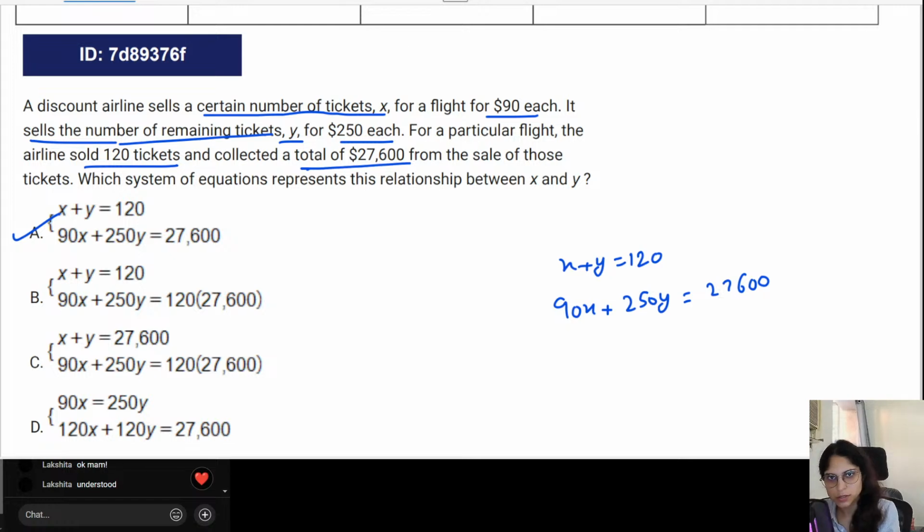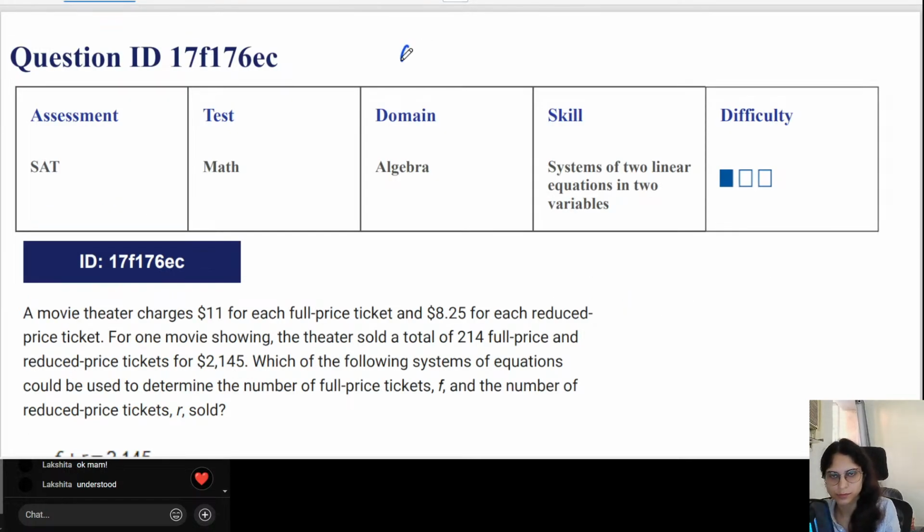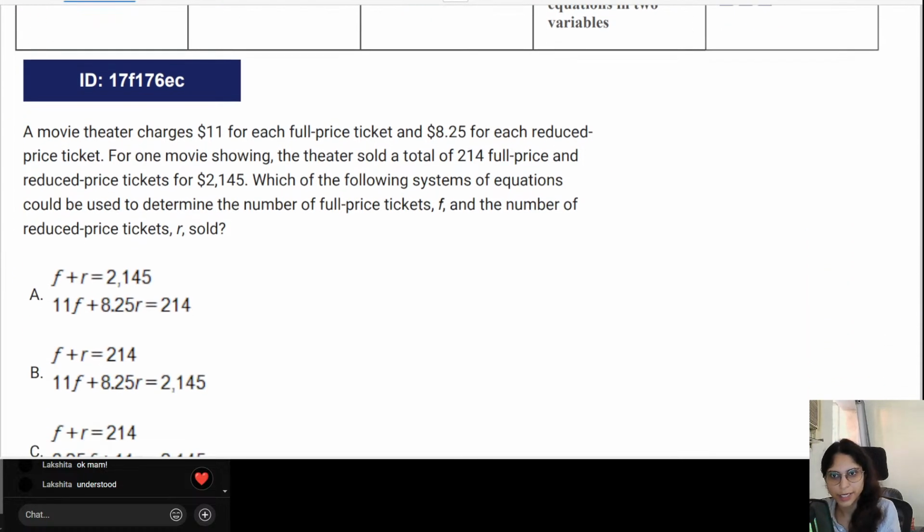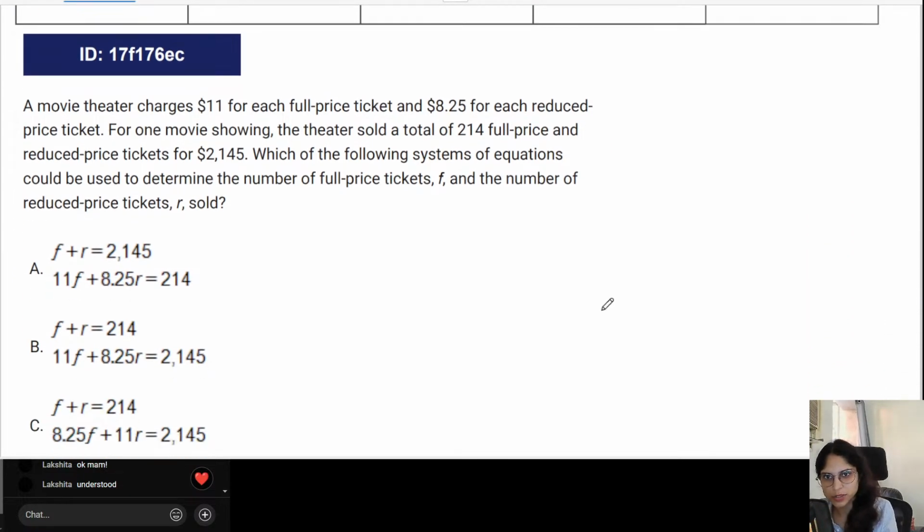Last 2 easy questions. Next is question number 62. Again, you have to write the equation. Again, the same kind of question. $11 for each full price ticket. $8.25 for each reduced price ticket. Total of 214. Total is 214.